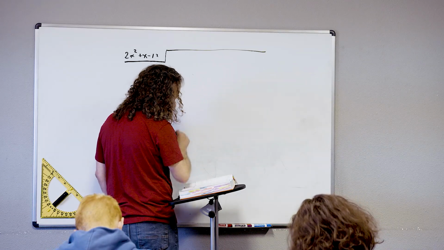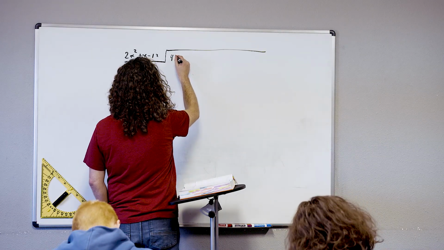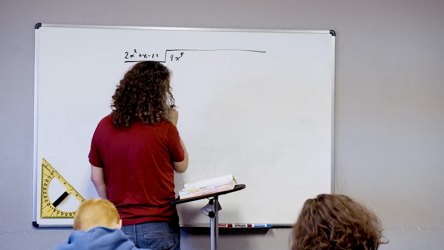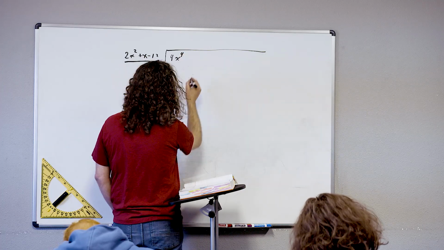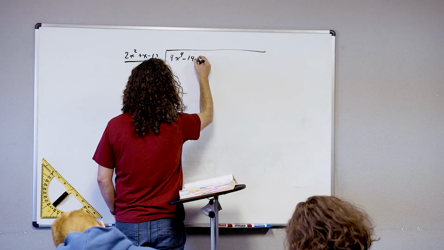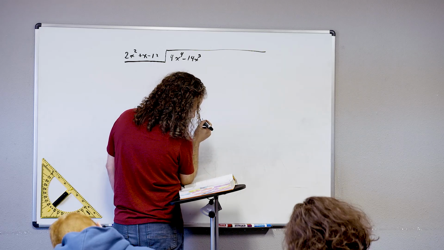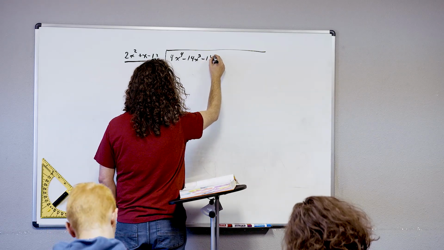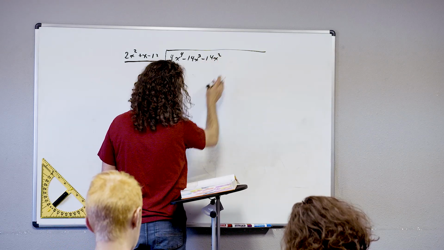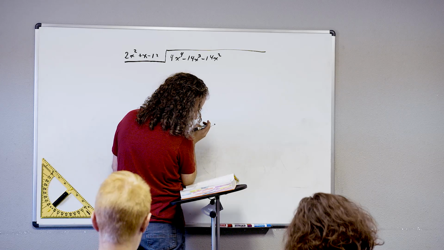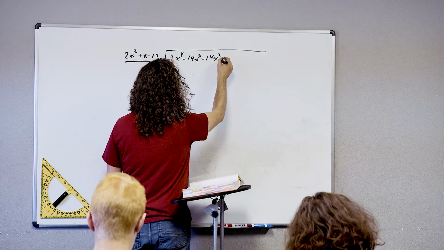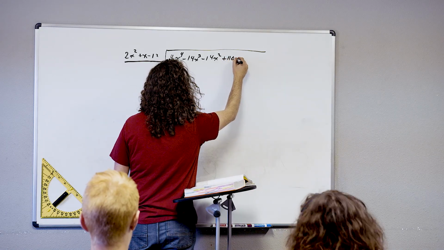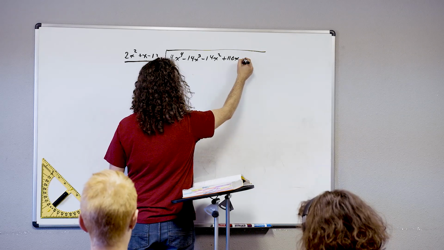We've got 4x to the 4th minus 14x cubed minus 14x squared, and then plus 110x minus 84.